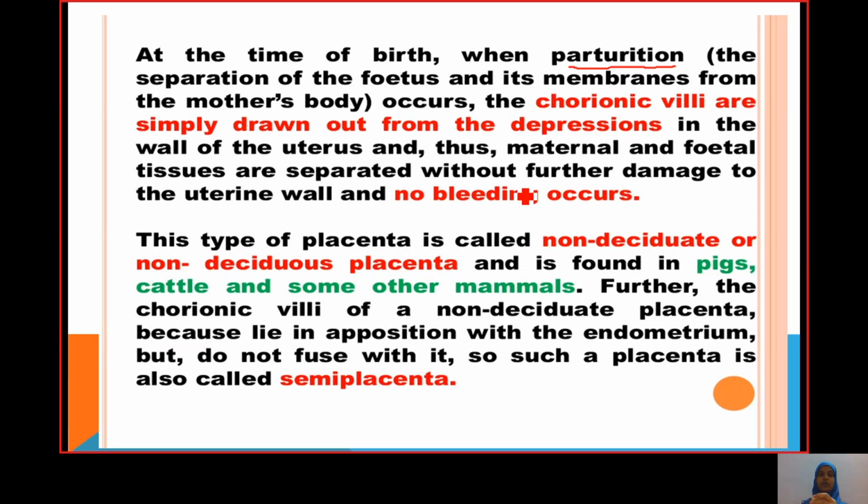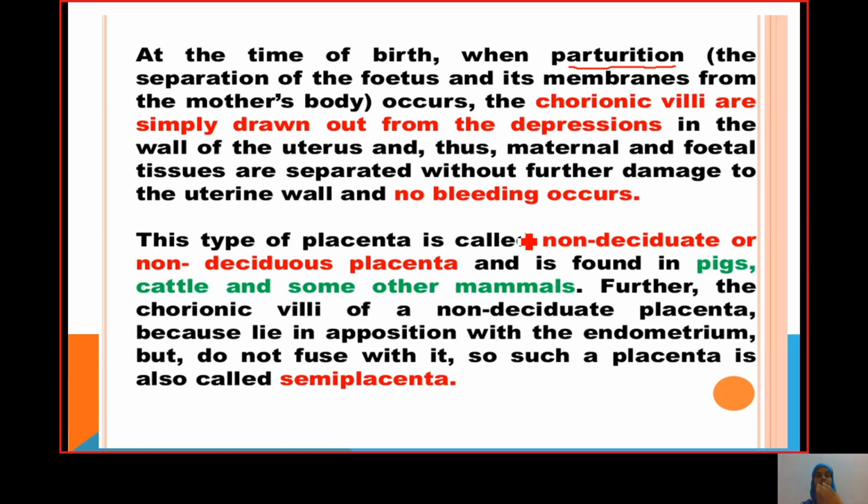Afterwards, the placenta is simply drawn out from the depressions of the mother's uterus. It simply comes out of the uterus and is released outside, but there is no damage and no bleeding during birth or during the removal of the placenta.